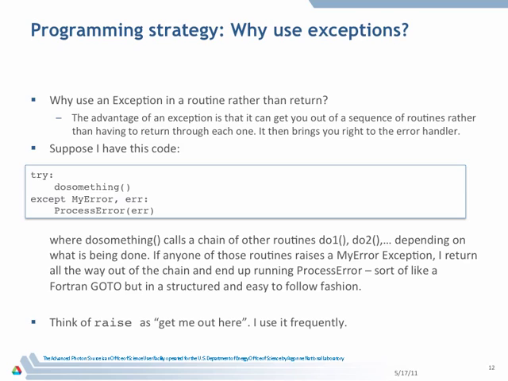For those of you who've written Fortran code, this is kind of like a go-to statement, but it's a go-to statement in a very structured and very easy to follow way. So think of raise as get me out of here.